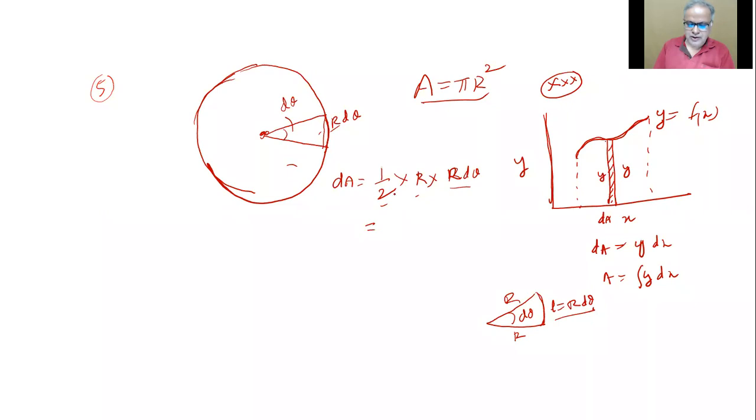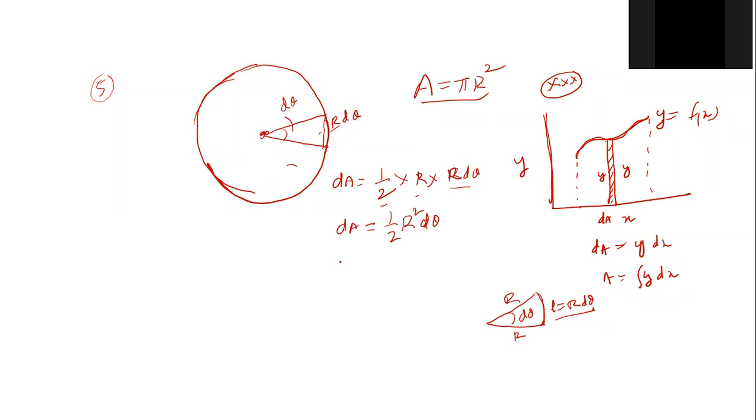So is this all right, children? I've told you why one should take a small area: it is because of this. Try to understand. Half r square d theta. Is it okay? This is dA. So the total area will be the integral of dA, to add up.